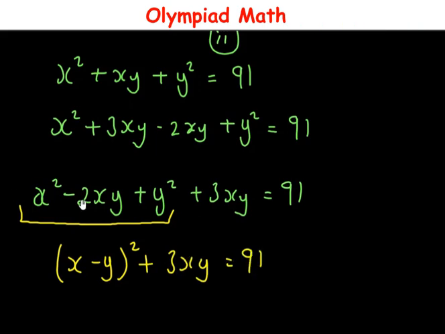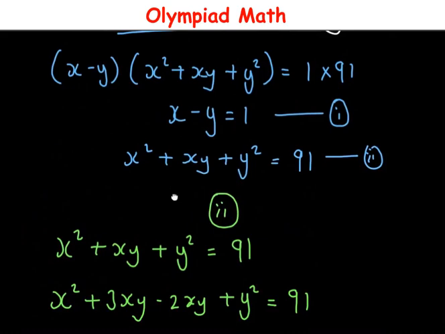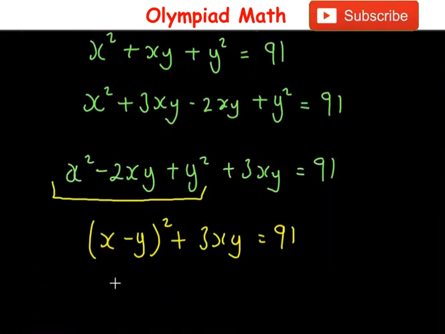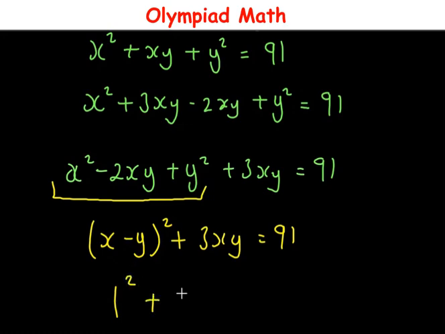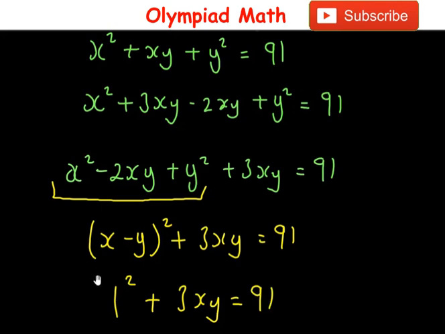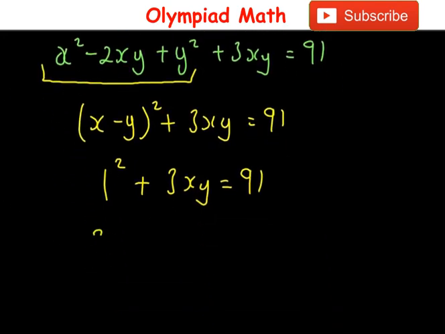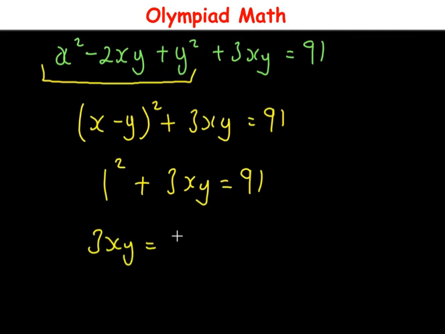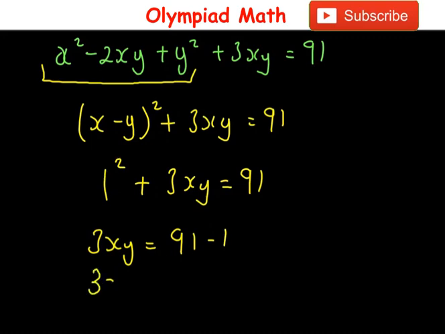From here, recall that the value of x minus y equals 1. So we have x minus y equals 1, so 1 squared plus 3xy equals 91. 1 squared is 1. Move 1 over to the other side, minus 1. We have 3xy equals 90.